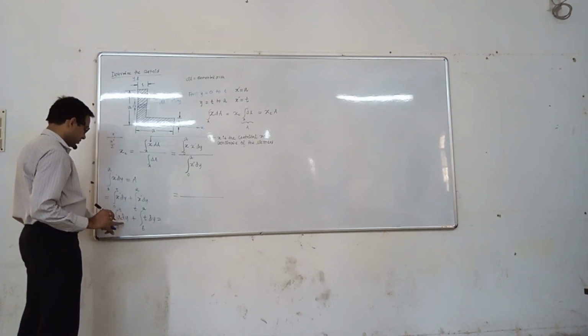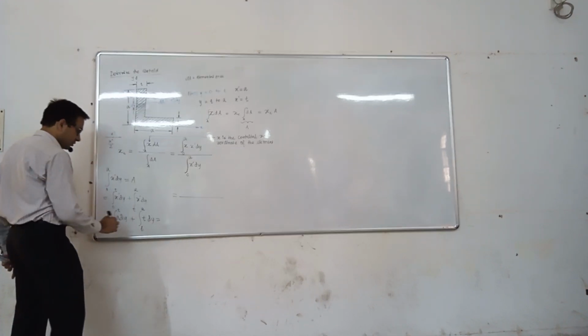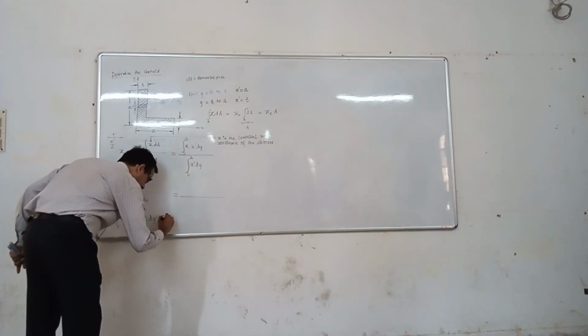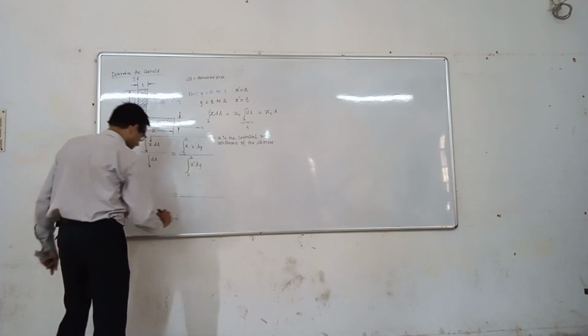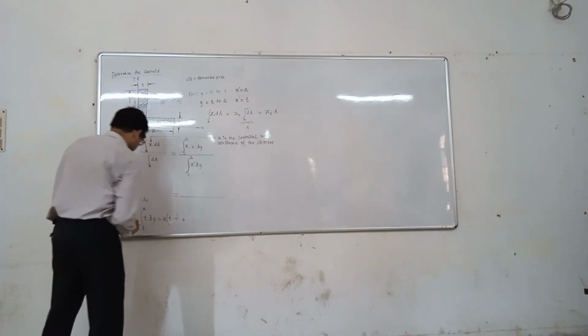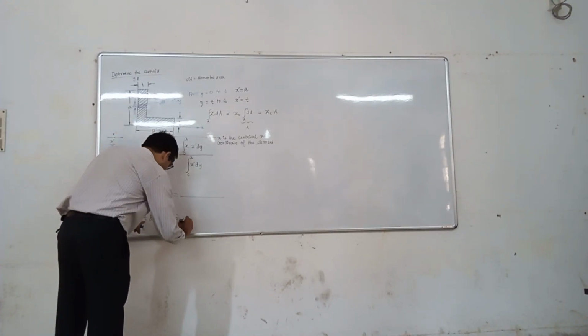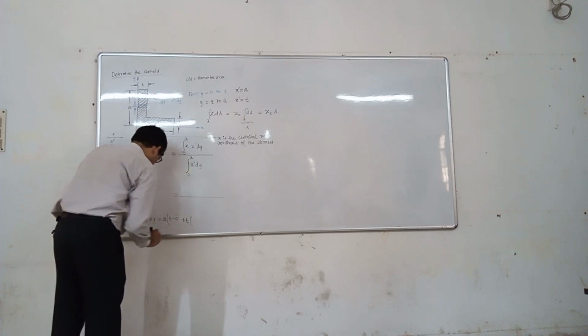A dy means a into t, taking the limit, a into t minus 0. Plus if I integrate this, t into a minus t.